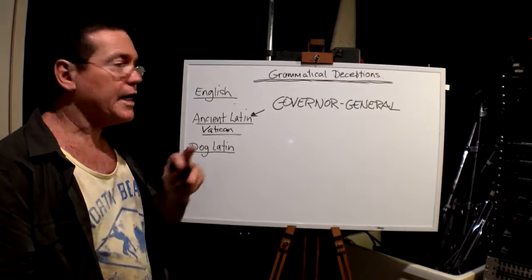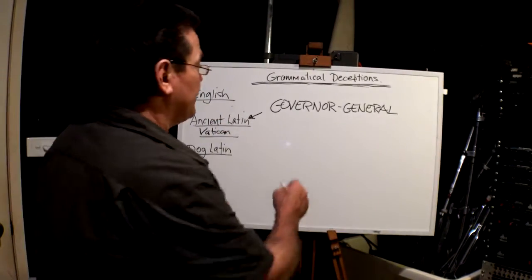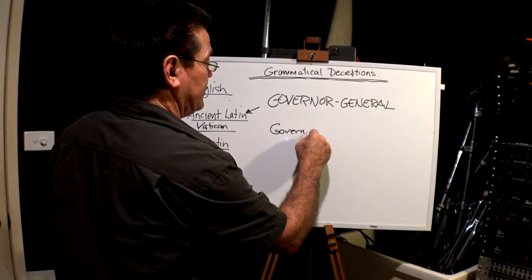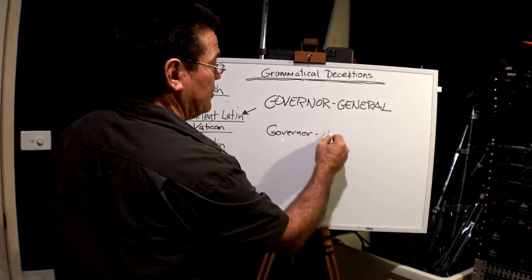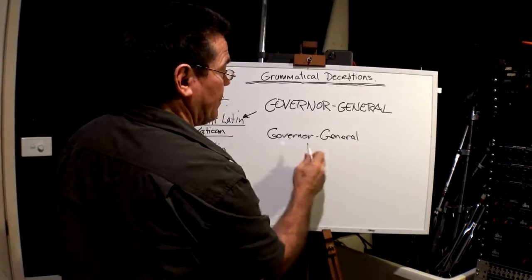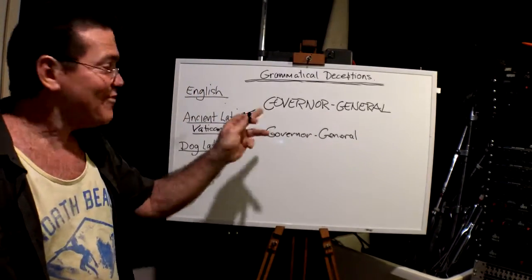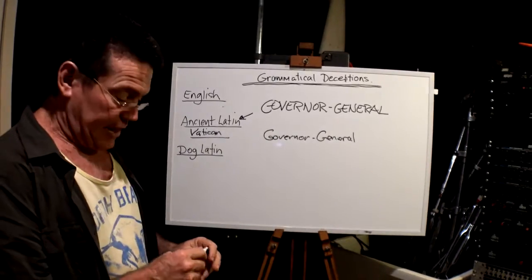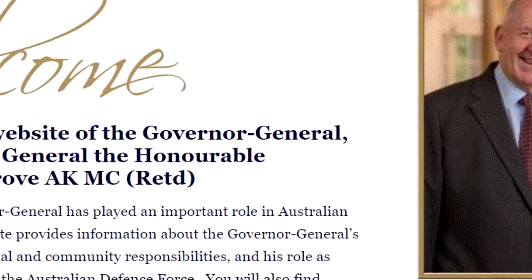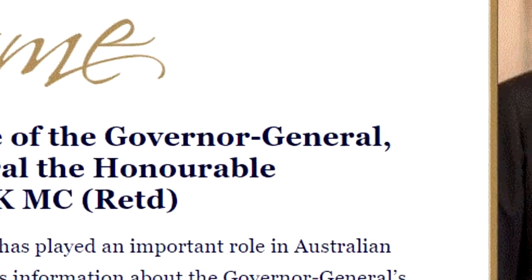But then when they write it in English, in the common English up here, the correct language, they write it like this. They hyphenate the English. Very clever trick that these usurping foreign corporations, these foreign corporate banks, are doing to the people of Australia.